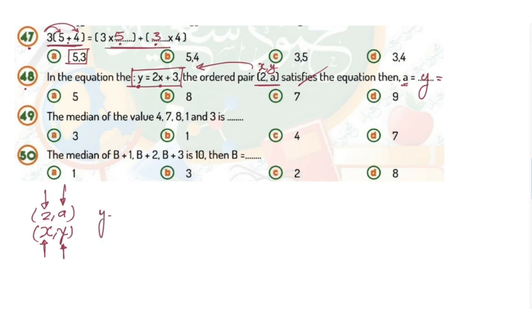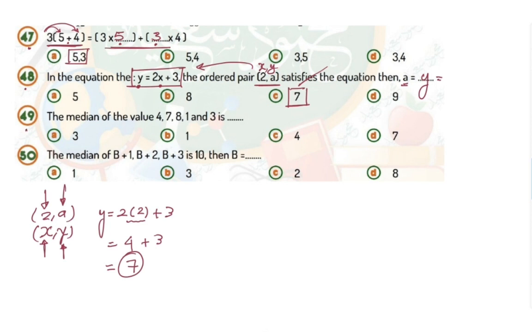So y equals 2 times x plus 3, and now the value of x equals 2. So 2 times 2 plus 3. Start with multiplication: 2 by 2 equals 4, plus 3 equals 7. So 7 is the right choice.